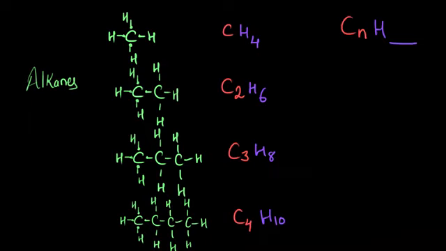Okay, so let's see. Over here I see that for 2 carbon atoms, there are 6 hydrogen atoms. Here for 3, there are 8. Here for 4 carbon, there are 10 hydrogen atoms. What is the relationship between the numbers of carbon and hydrogen atoms? If we can find that, we can arrive at a general molecular formula.